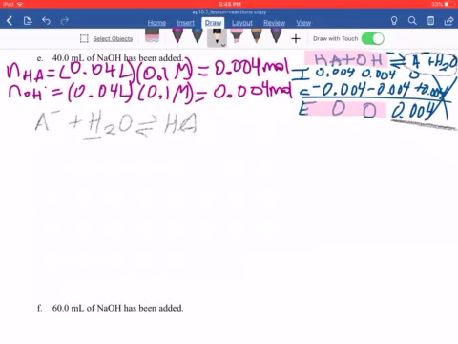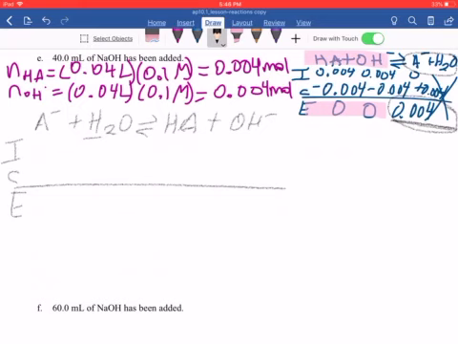So acetic acid. And then it will also create hydroxide. All right, so this time when we set up our ice table, we just flipped the equation basically. And the reason why was because we need to make sure that we have something to actually calculate with. That's the end point. So whenever you don't have any of the reactants left, you're at the end.